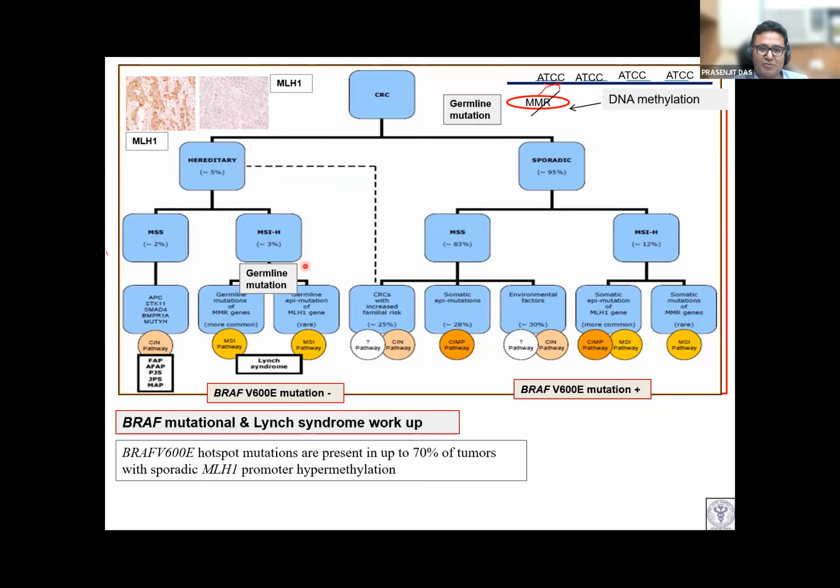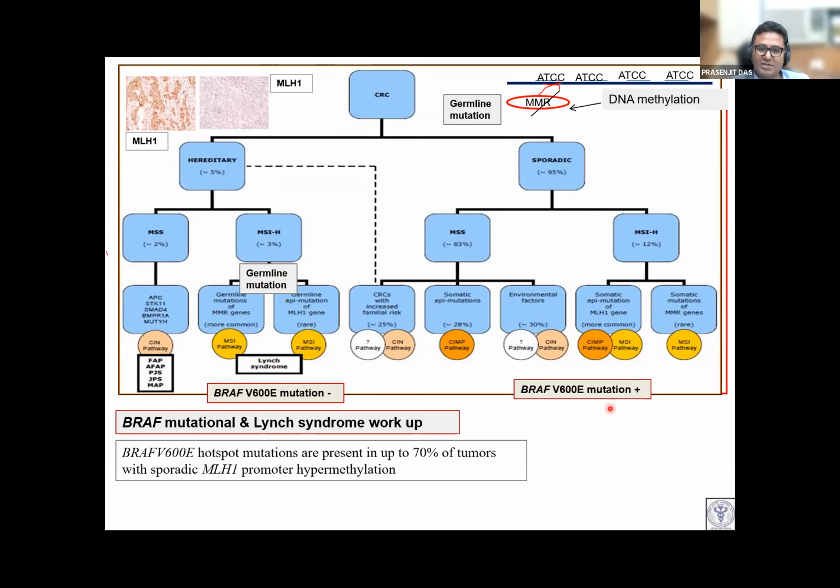Now we need to look for the germline mutation of that particular microsatellite gene. But germline mutation testing is always done by next gen sequencing, and that is quite costly. So there is an intermediate step we can do, because we still don't know if MMR protein is lost by IHC. If we need to directly do germline mutation, what we do is a BRAF hotspot mutation study.